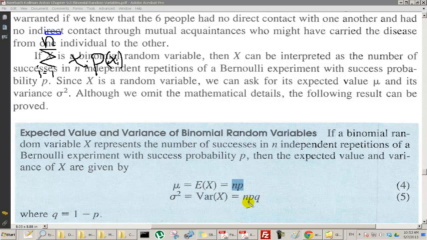Okay, so that is not as obvious because we don't have any particular notion for what variance is, so we're not going to have any intuition about what it should be. Like here, the mean, we had a strong intuition about what it should be. But anyway, it turns out to be npq. Okay, where of course q is 1 minus p.